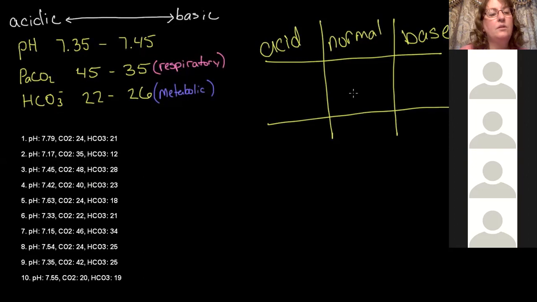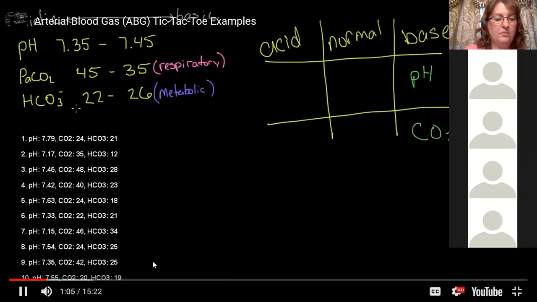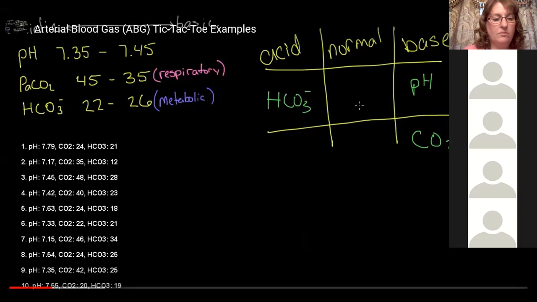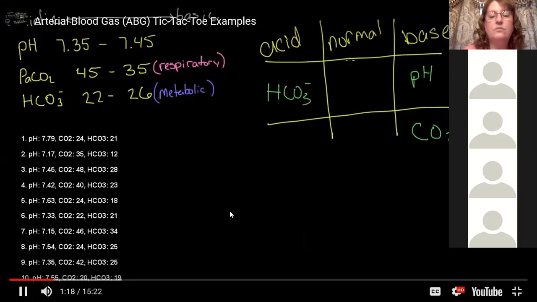So we write down our pH in the base column. We look at our CO2, it is 24. It is also a base, so we write down our CO2 in the base column. Our bicarb is 21. It is acidic, so we write down our bicarb in the acid column. So our tic-tac-toe was formed with these three parameters.